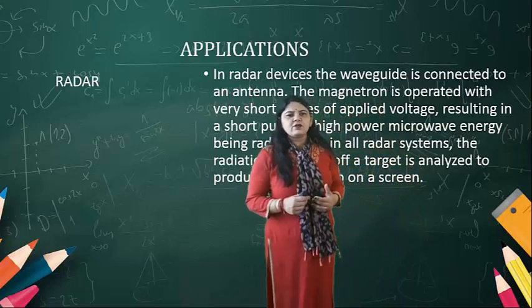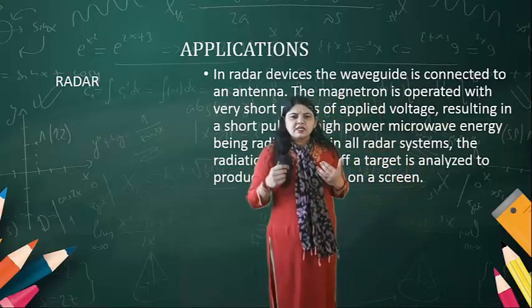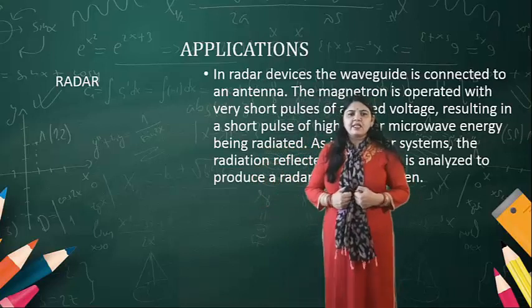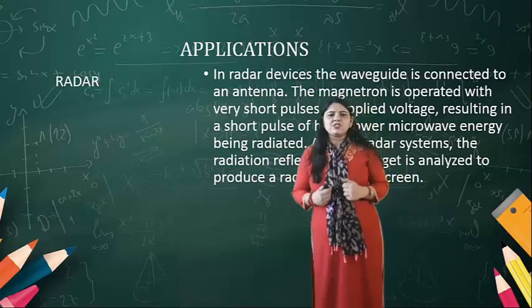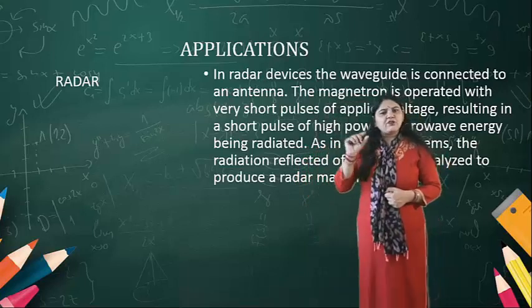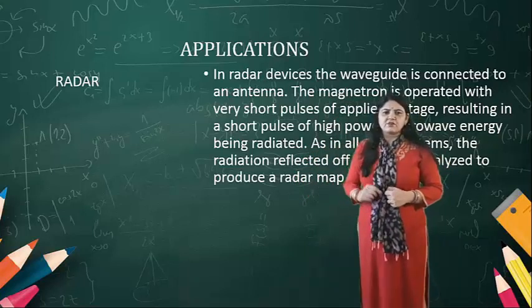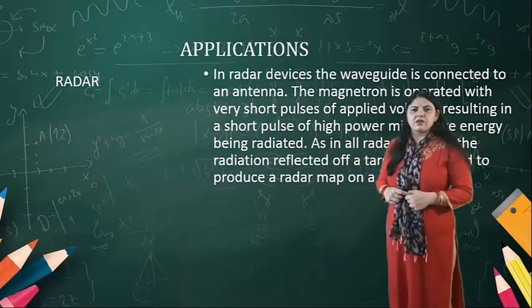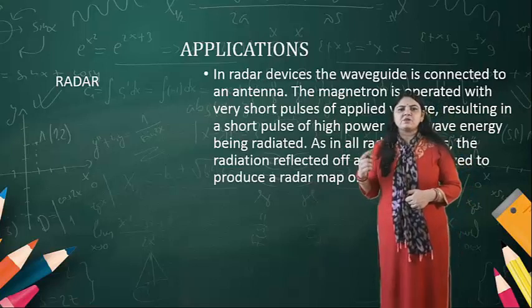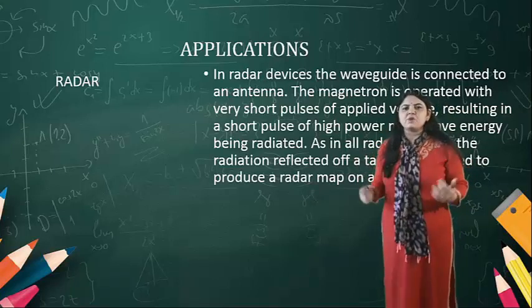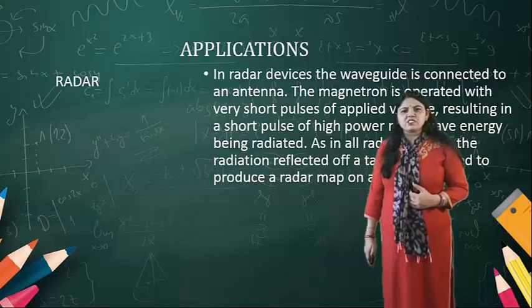In the radar, the waveguide is used, it is connected with the antenna, and the magnetron is also operated with very short pulses, which are applied and given with the high power transmitted wave energy, and that energy is being radiated into the space.